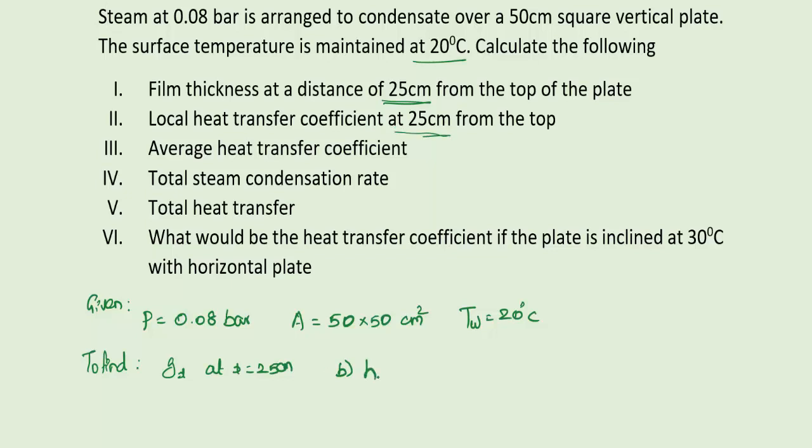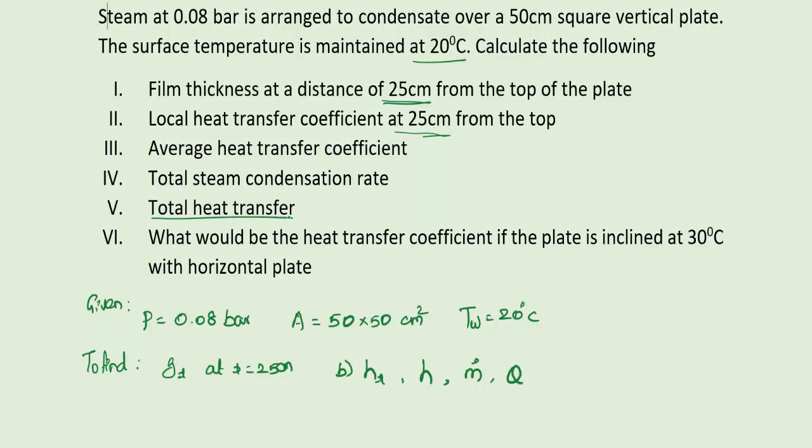So hx value has to be found. Third, average heat transfer coefficient, h value has to be found. Fourth, total steam condensation rate. The rate of condensation is known as m dot, so m dot value has to be found. And next, Q value, total heat transfer Q has to be found.